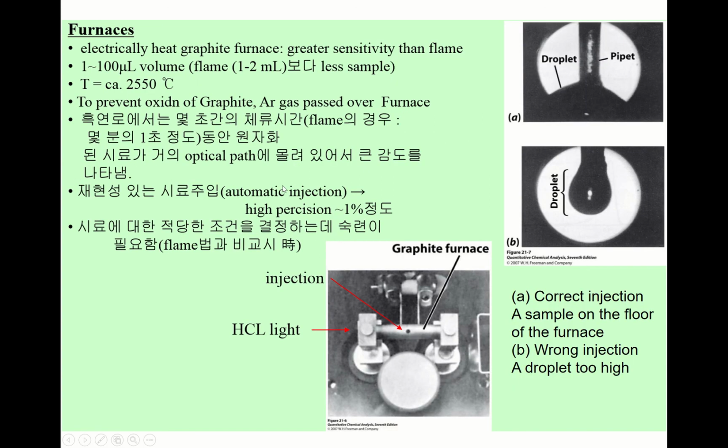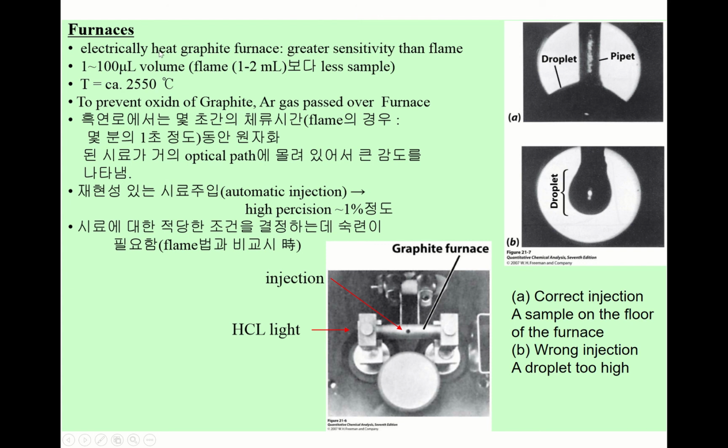Other than using flames, you can use furnaces to atomize your sample. The concept is the same. You have a furnace, and you put your sample inside the furnace, and then you increase temperature. What kind of furnace is used? An electrically heated graphite furnace is usually used.